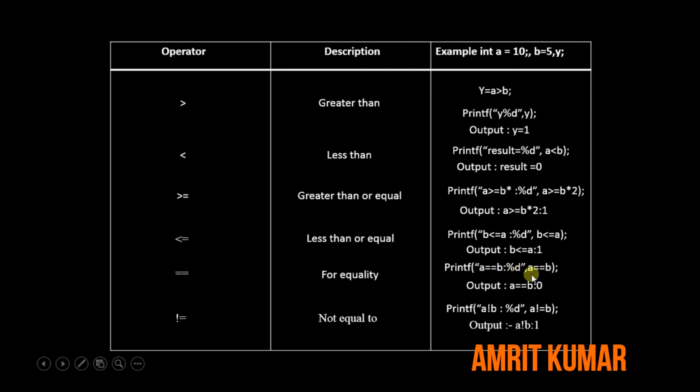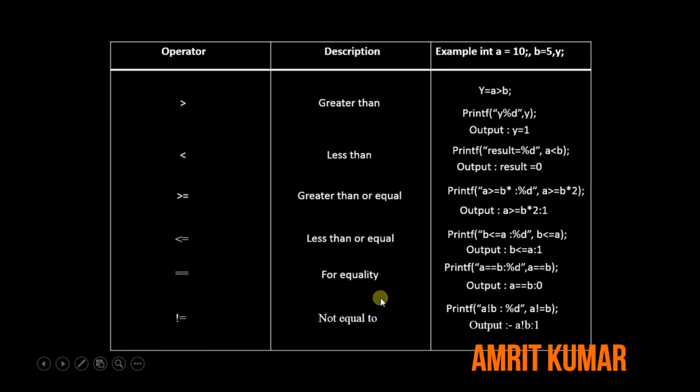Here I have initialized A equal to 10 and B equal to 5. So actually A is not equal to B here. Therefore, this is a false statement and it is going to return you 0. Therefore, the output is A equal to B is equal to 0.